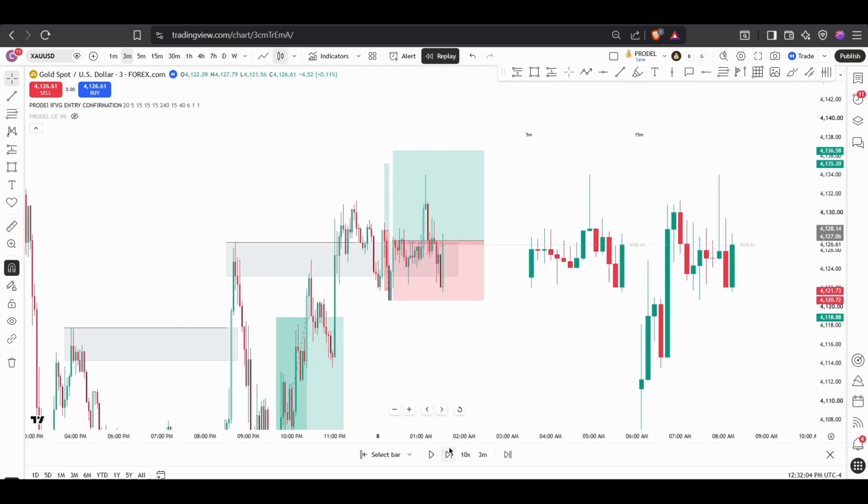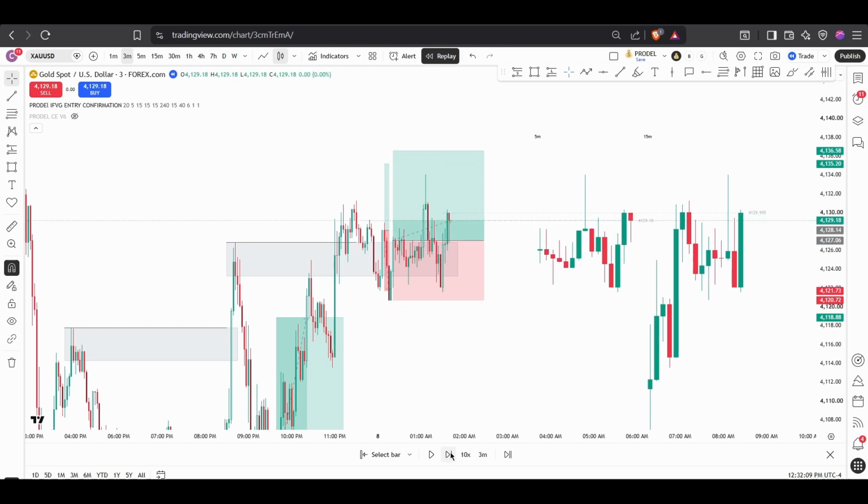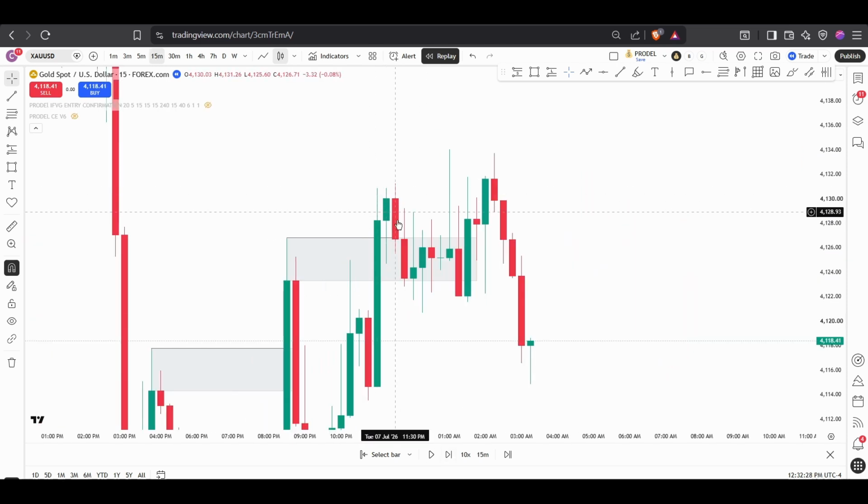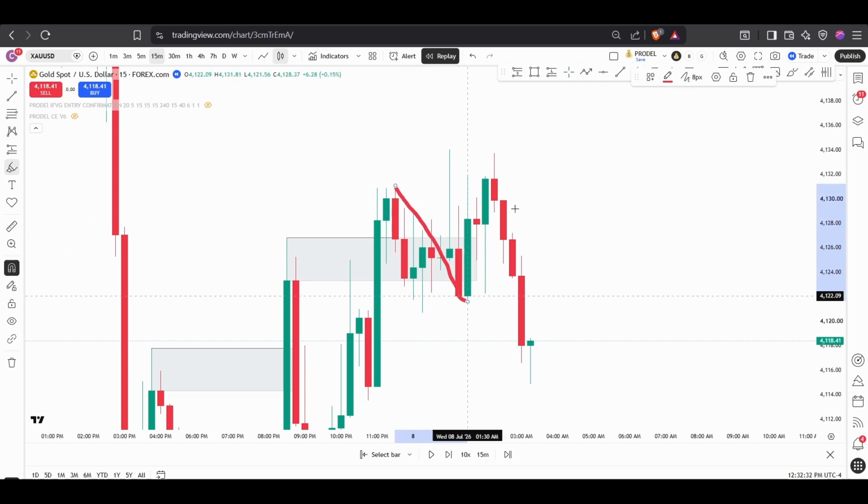This zone is not valid because it is already broken, so this is the break-even trade. This is the valid retracement, and this high is broken by this green candle.